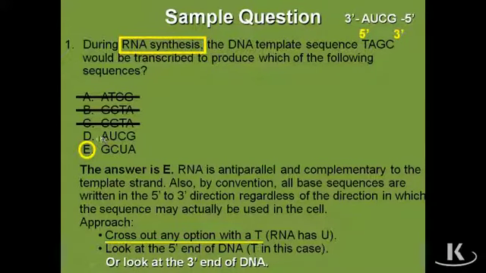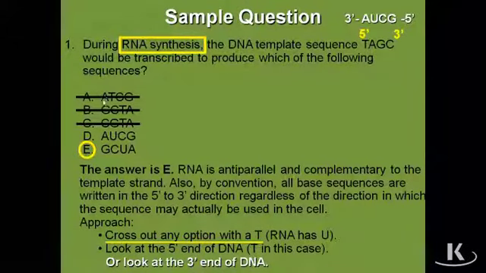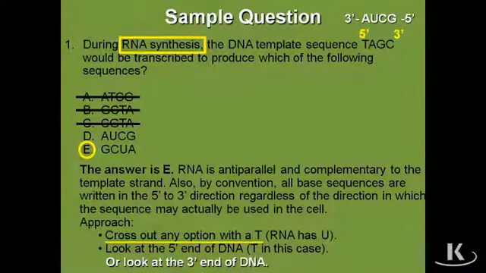So many probably looked right at choice D and said, aha, this reads AUCG. That's the correct answer, right? Well, at first glance, yes, seemingly that looks like the correct answer choice. But over here, which direction are these being reported in? What's the default? What's the convention in which these are being written?